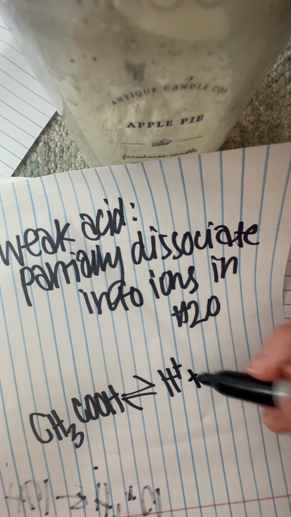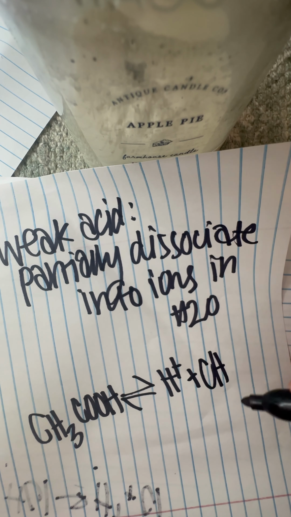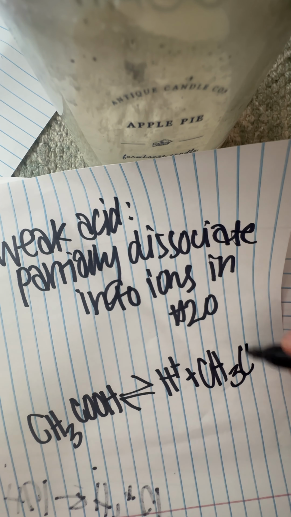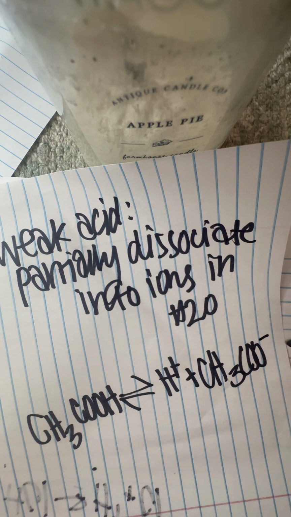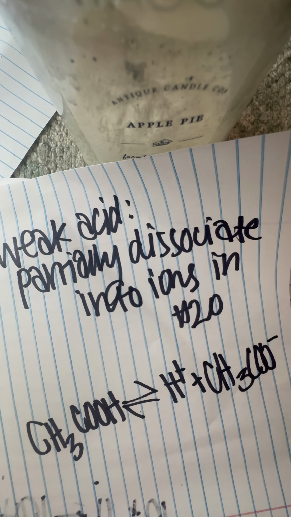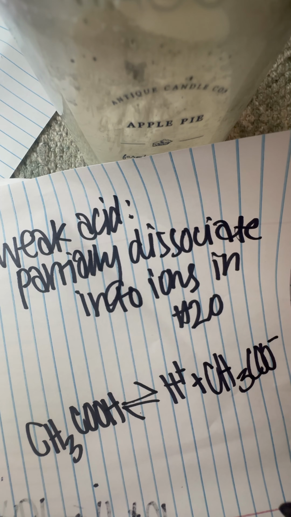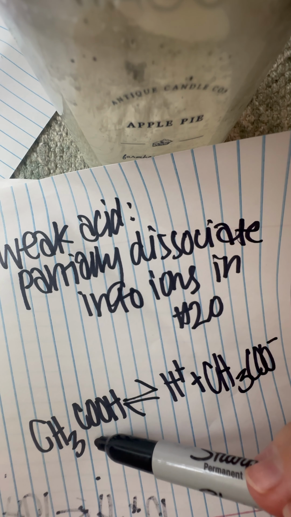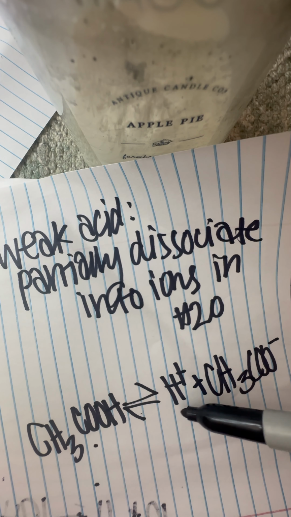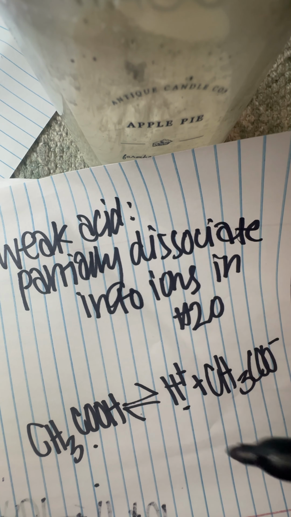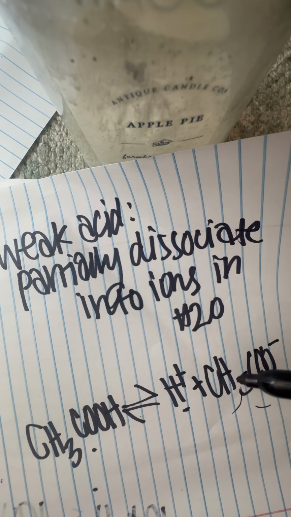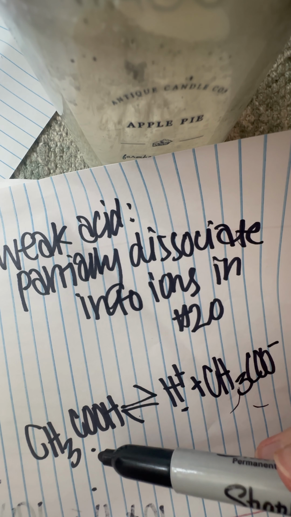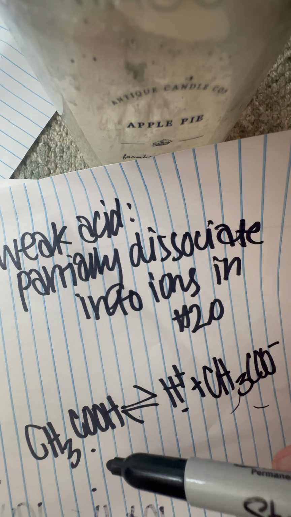It's really important for weak acids, that equilibrium arrow there. This double arrow is showing that this reaction is reversible, but we can see that the acetic acid breaks into these hydrogen ions and acetate ions, but we can see that these ions can go back together to form acetic acid again.